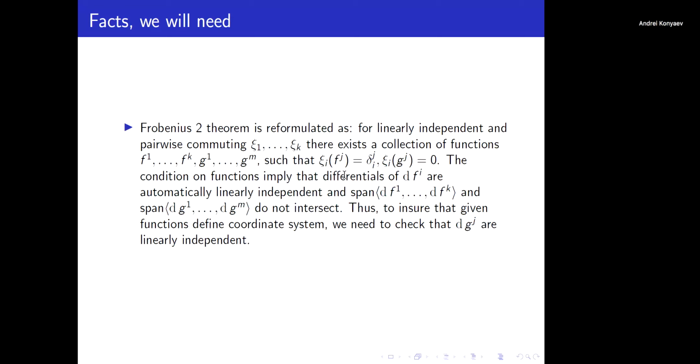So when we're choosing these functions, that's what we will do in our proof, precisely. We will sometimes choose functions f. An important thing to know is that the differentials of functions f are pairwise independent, okay? Because of this condition, because the xi are independent.